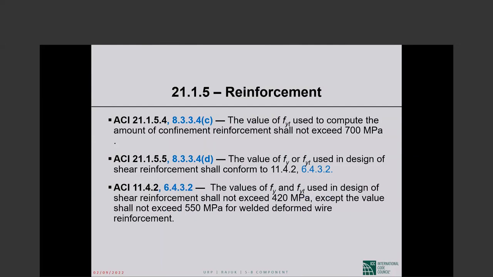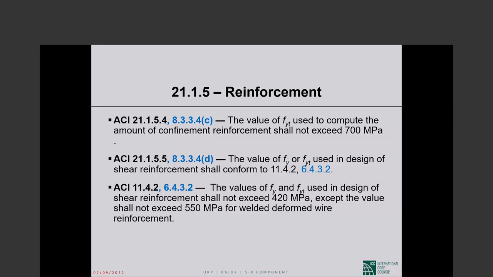This is the highest allowed anywhere by ACI 318-08. Then it says the value of f_y or f_yt, f_y for longitudinal reinforcement, f_yt for transverse reinforcement, used in design of shear reinforcement.